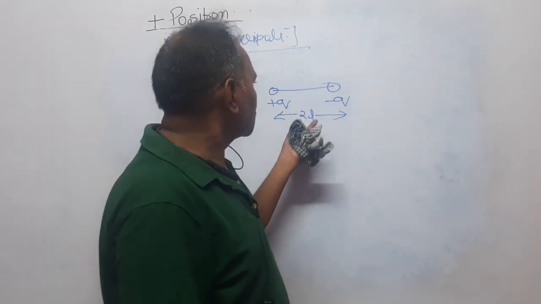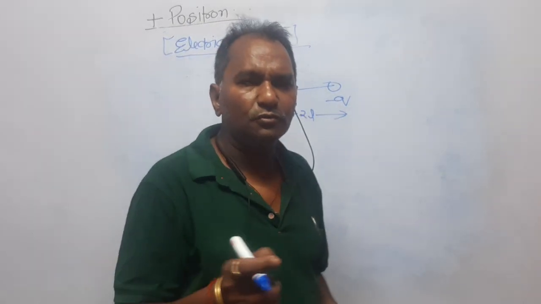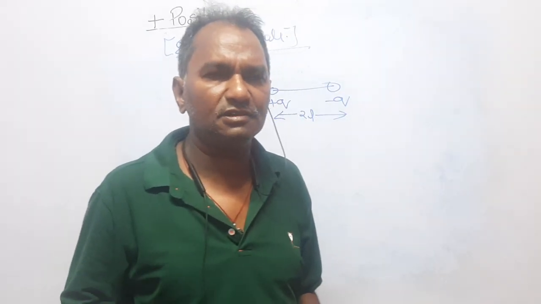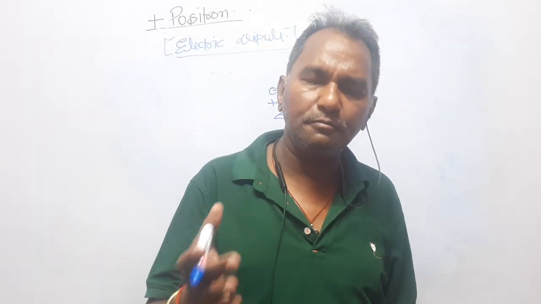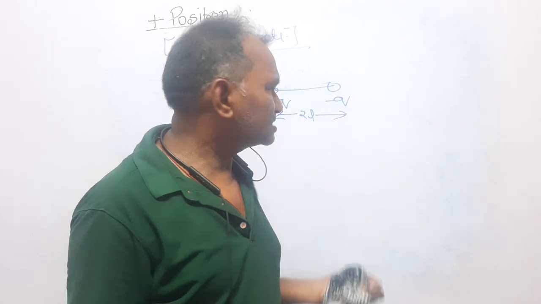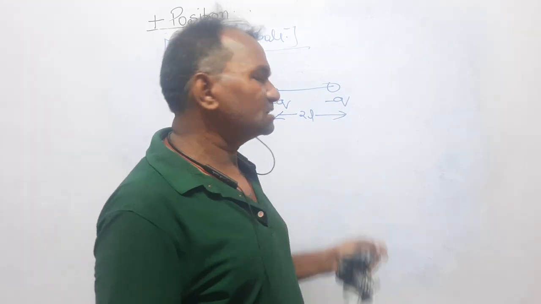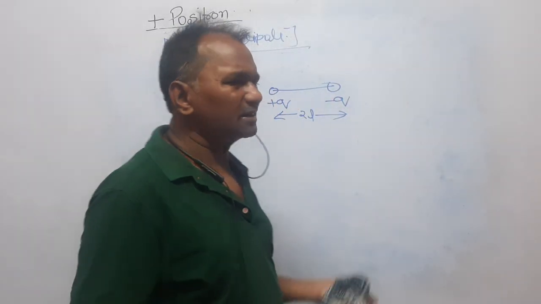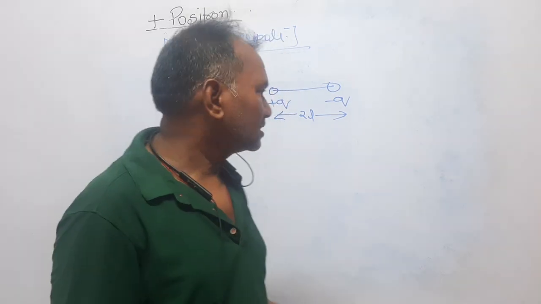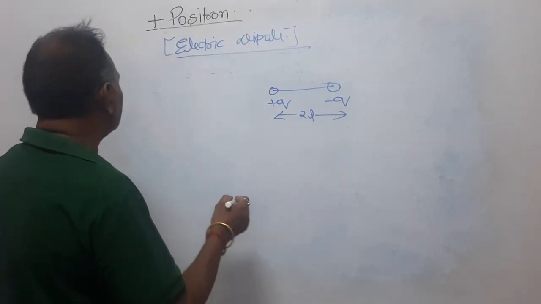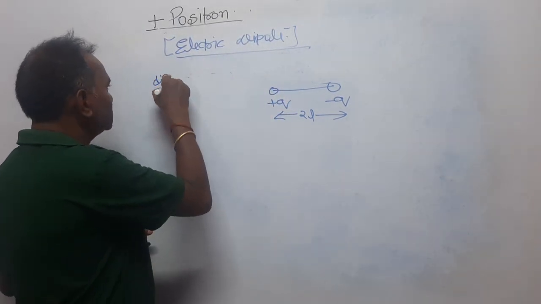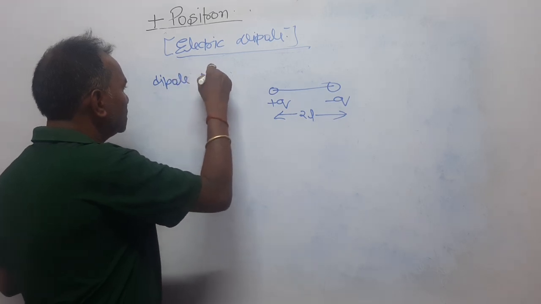Dear students, why are we considering 2L, why don't we consider L? Simply because you have to do so many calculations further to find the field and potential. That is why we consider 2L, because most of the time you have to consider half of that distance. So if you consider 2L, half of it will become L, or you can take L, there is no problem at all, right? Now the important factor here is to define the dipole moment.